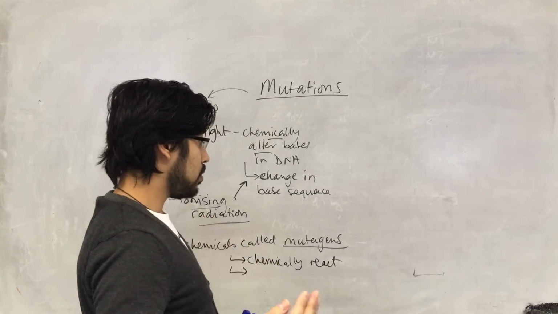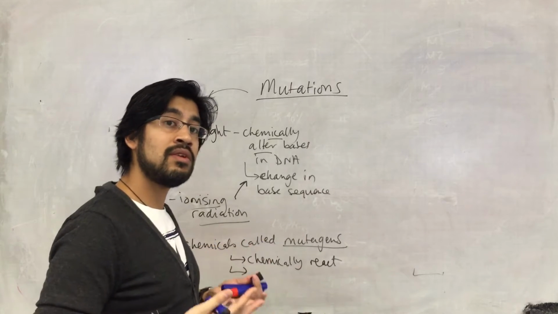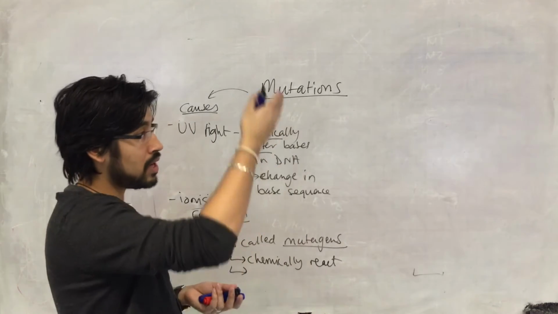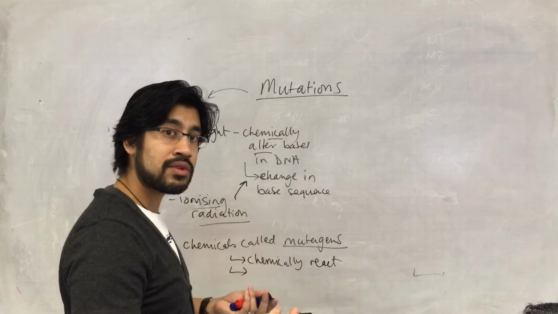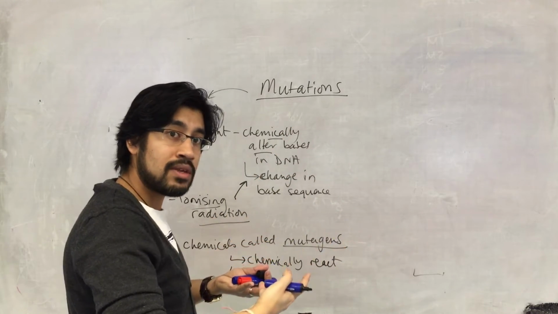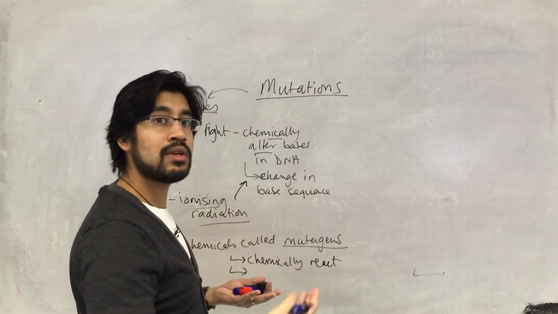The other thing that can also happen is some of these mutagens have a structure that's very similar to the nitrogenous bases. And when replication happens, or when meiosis happens, they are mistaken for a base, which causes an error in the replication process.